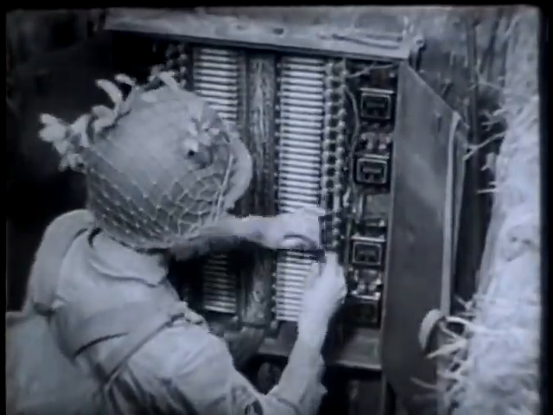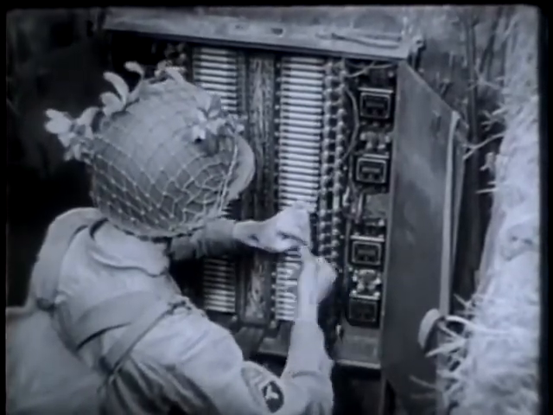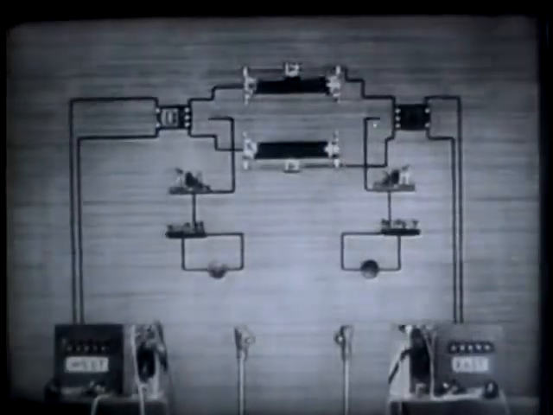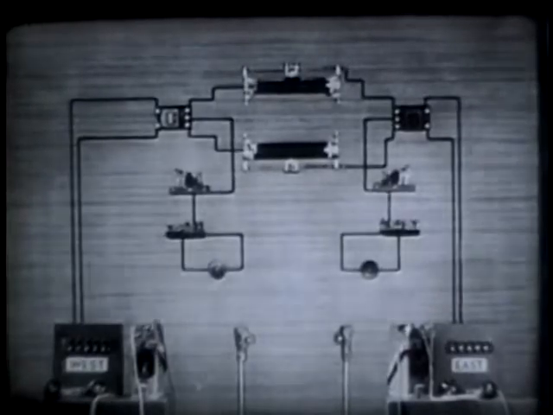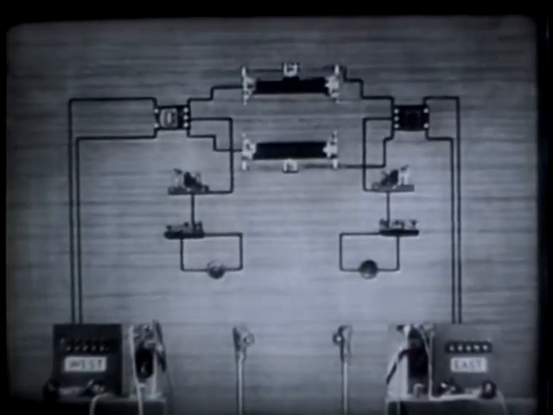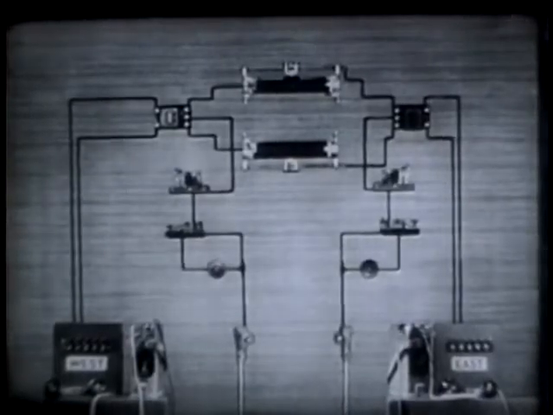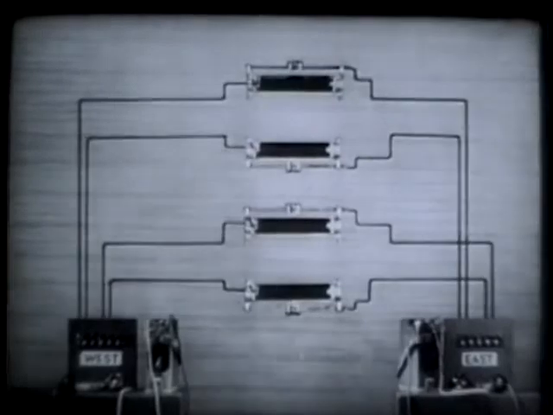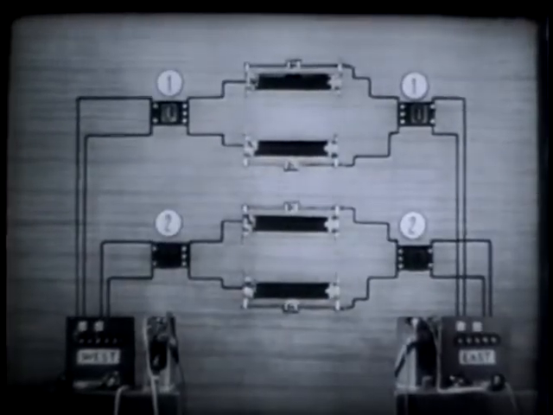Simplex and phantom circuits are used extensively throughout the Army. Every wireman should know how they work. The simplex circuit is obtained by connecting repeating coils at both ends of a line and using the earth as a return conductor. The phantom circuit is obtained by connecting repeating coils at both ends of two lines.